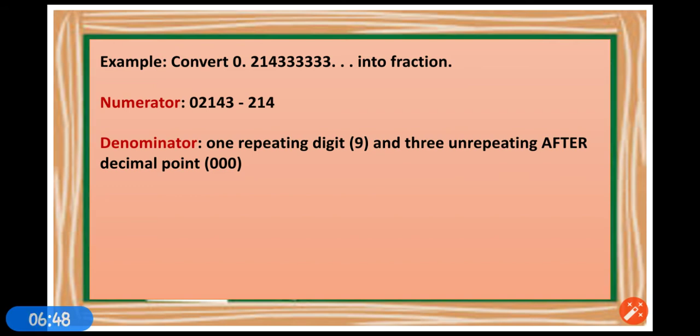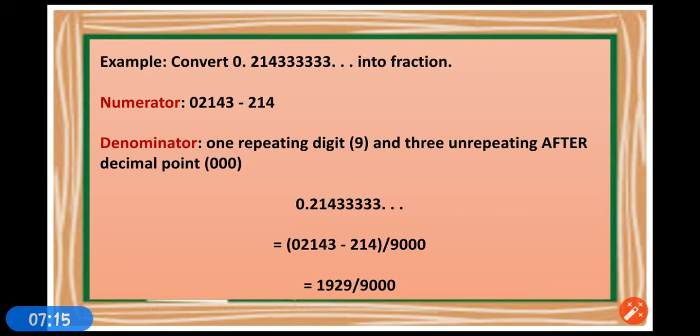So your unrepeating digits 214 after your decimal point is equivalent to 3 zeros. So therefore, this number could be converted into 02143 minus 214 in your numerator part, and then we have 9,000 in your denominator, since we only have one 9 and then 3 zeros.